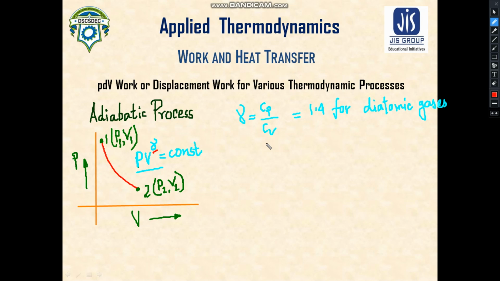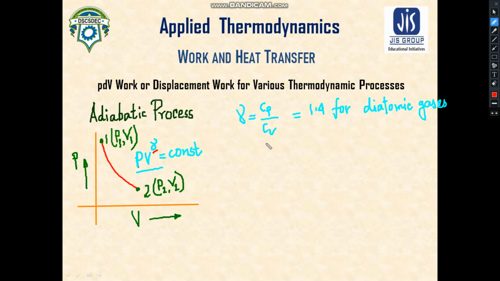That means the amount of heat required to increase the temperature of 1 kg of fluid by 1 degree Celsius at constant pressure is called the specific heat at constant pressure. This has a certain thermodynamic relationship with internal energy and enthalpy. We shall not get into this at this moment.